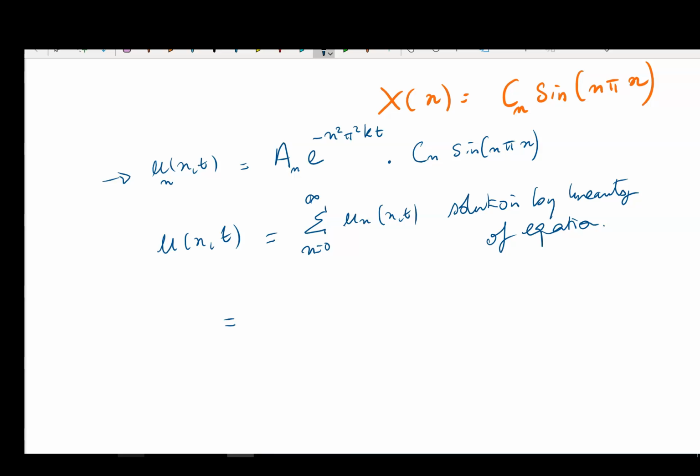I've got An and Cn. As these are constants that I must find, let's just multiply them and call that Dn. So I'm going to have the sum from n equal 1, since starting at 0 I would get the sine of 0, to infinity of Dn times e to the minus n squared pi squared k t times the sine of n pi x, which is going to solve my equation.